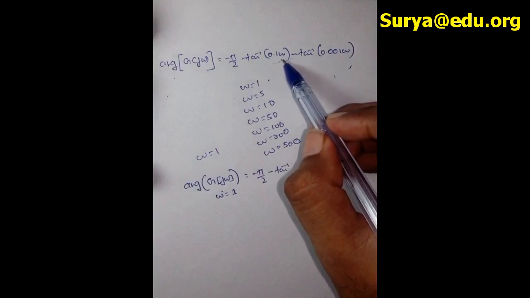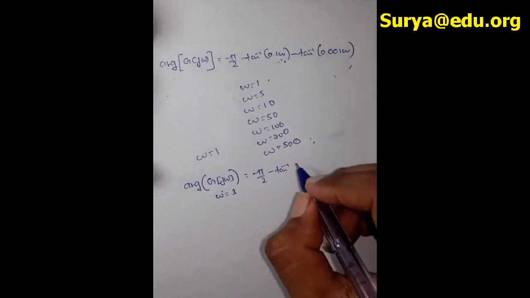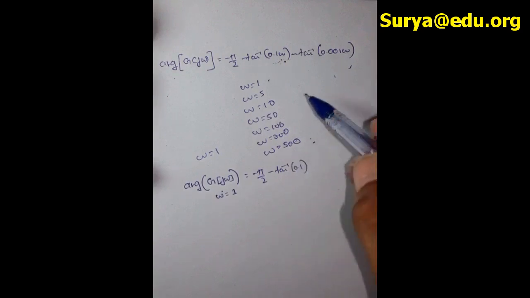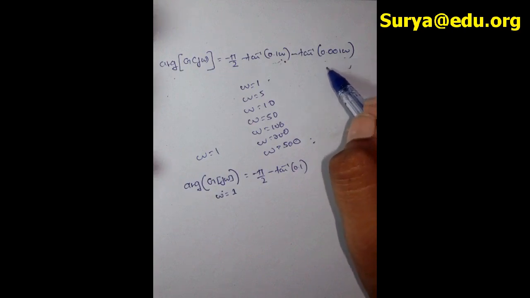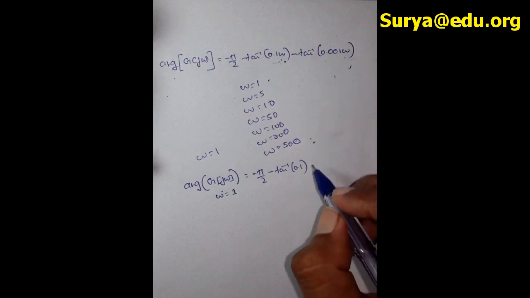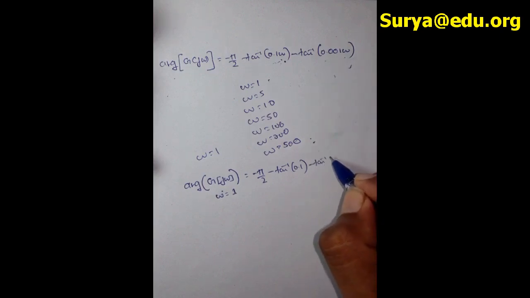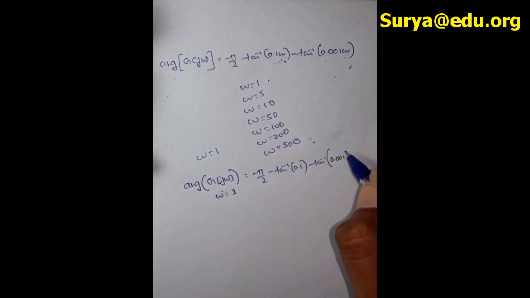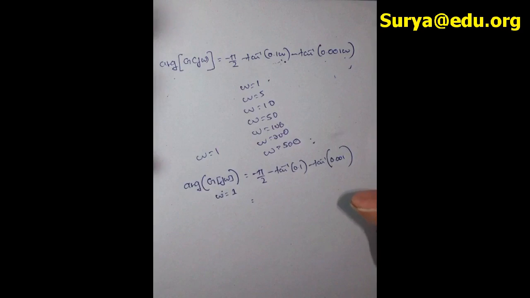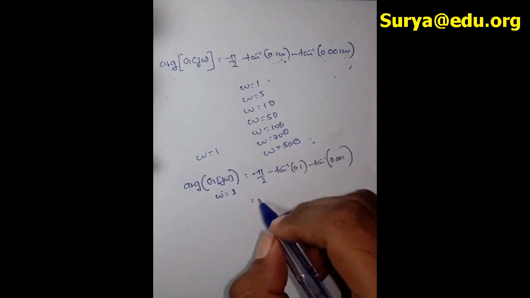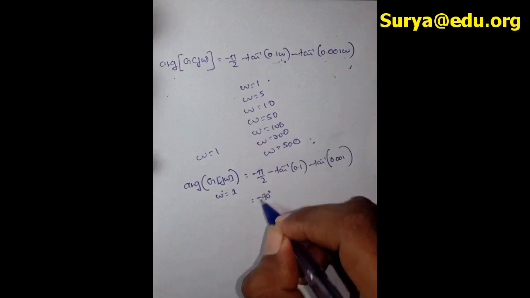When you put omega equals 1, this becomes tan inverse 0.1, minus 0.001 omega, which with omega 1 is minus tan inverse 0.001. It's very easy now. There is one more thing: this phi is in radians, so better to put it in degree format. So just put minus 90 degrees.